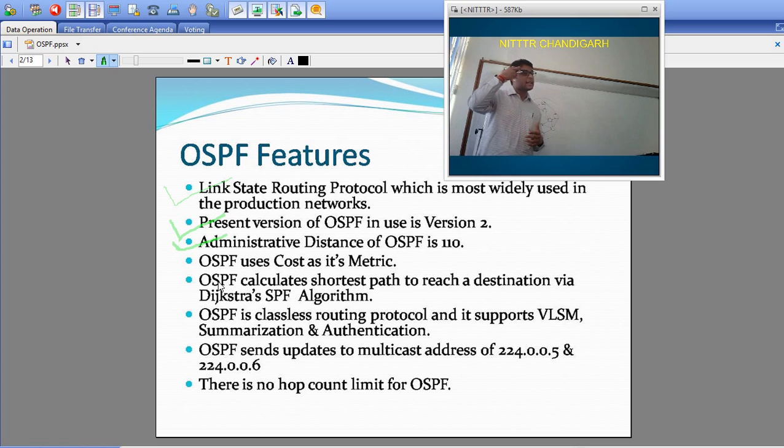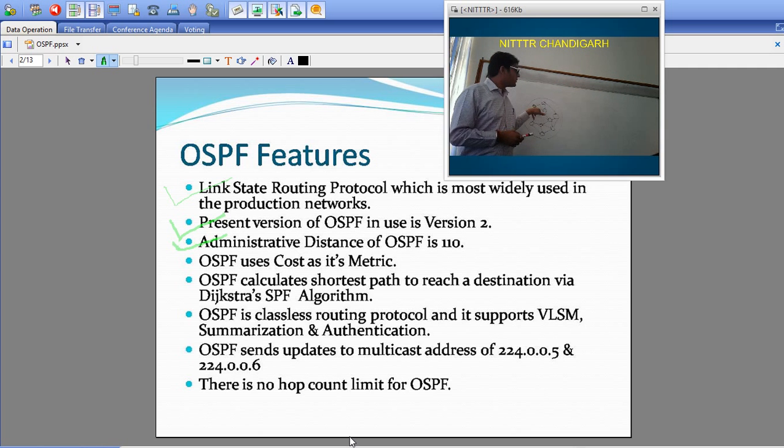When we used to study in our CCNA days, at that time EIGRP was a Cisco proprietary protocol, meaning it would work only on Cisco devices. EIGRP used to run only on Cisco devices. But in today's scenario, Cisco has made it open source. But your OSPF, as the name says, Open Shortest Path First, is open.